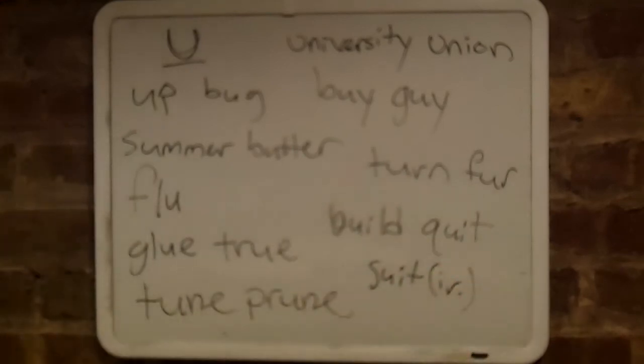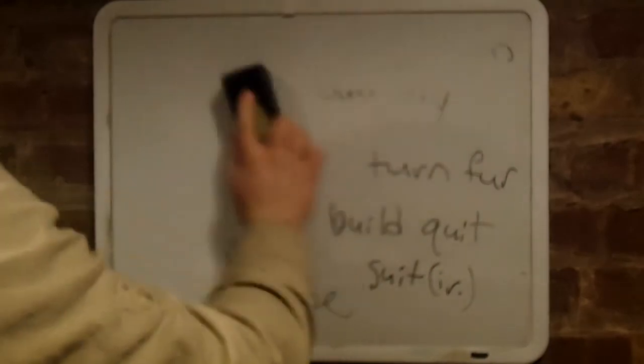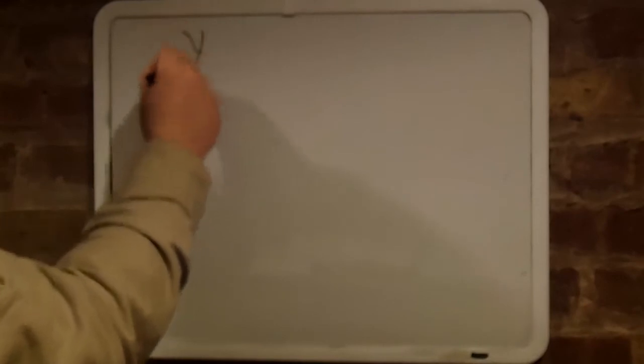So U is a little bit easier to learn than some of the other letters. And our last vowel is the letter Y, which only makes two main sounds in English. It's pretty straightforward. So the letter Y in short words pretty much always makes the I sound.